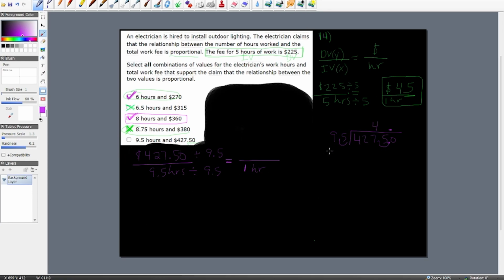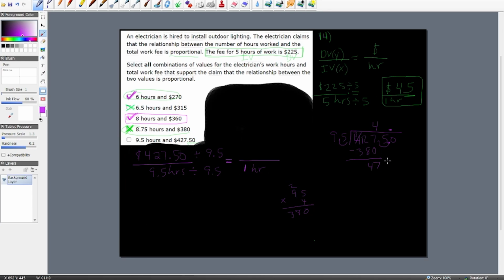Let's find what 4 times 95 is. 4 times 9 is 36, plus 2 is 38. 2 minus 8, we need to borrow. 12 minus 8 is 4, and 3 minus 3 is 0.